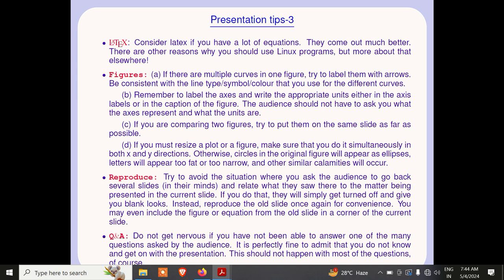Like I said in documentation also, if you have plots, figures, make sure the aspect ratio is maintained in the x-axis as well as the y-axis so that the originality of the figure doesn't change. Otherwise, the circle will become an ellipse and so on, or the letters become too fat, too narrow, like that.